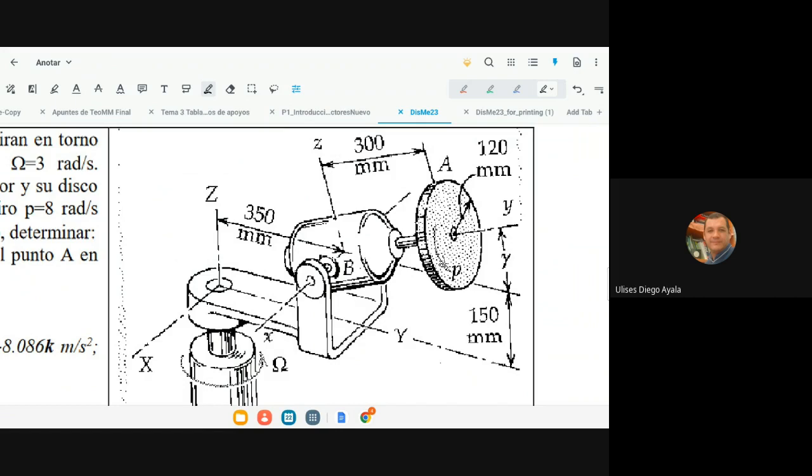It was defined in the same orientation. The key point is orientation. La palabra importante es orientación. ¿Cuál es la orientación que tiene cada eje? Eso es lo que te va a definir. If you put your right hand, it will be the same, this and this. It's positive. Okay?